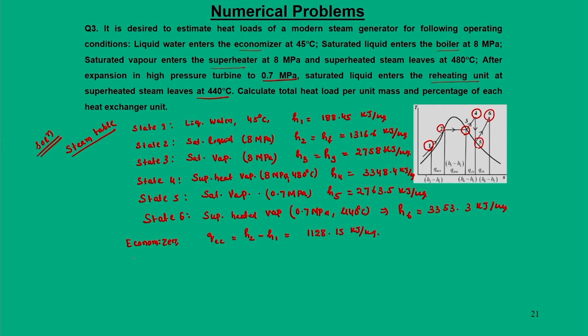Then we have boiler, or sometimes called as evaporator. Q evaporator is equal to H3 minus H2. So, this value is 1441.5 kilojoule per kg.